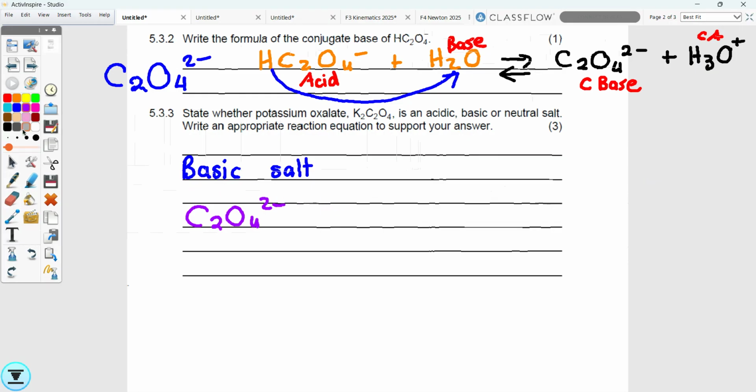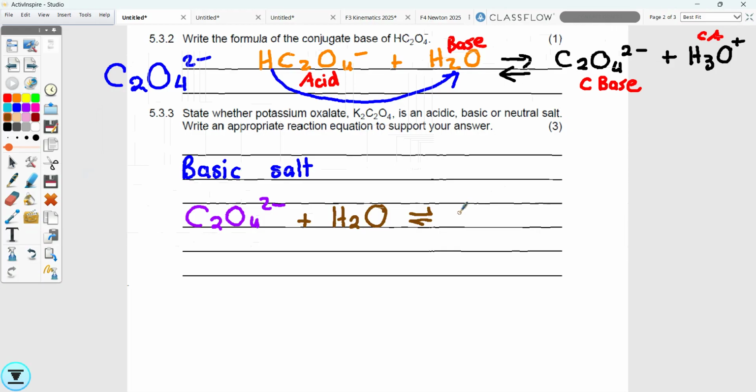Hydrolysis is the ion of the salt that reacts with water, and hydrolysis will always have a single or double arrow. Double, because weak. Guys, this is weak, remember?